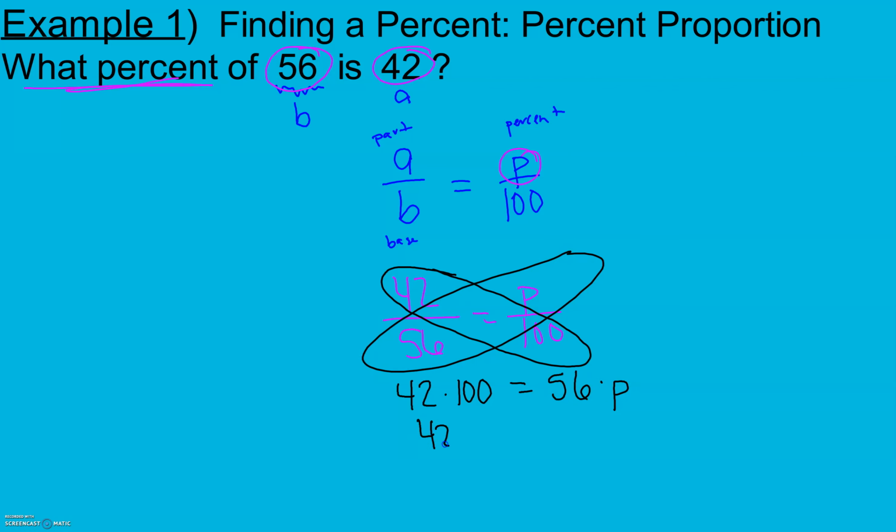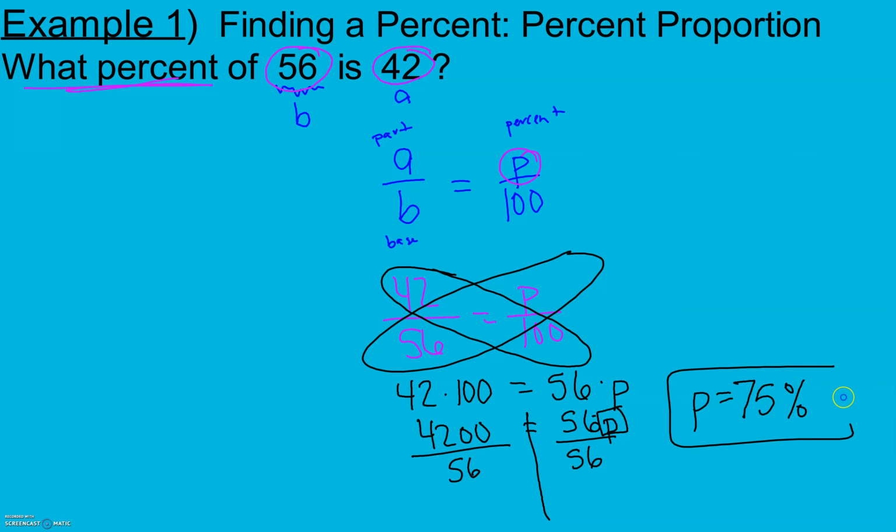Simplify both expressions before we can solve, so on the left side I multiply, on the right side I multiply. Now I can start moving from one side to the next. My P is being multiplied, so I divide to get rid of that. And P is going to be 75%. Since we're looking for percent, we label it as percent.